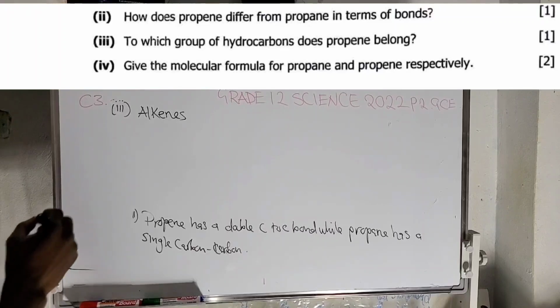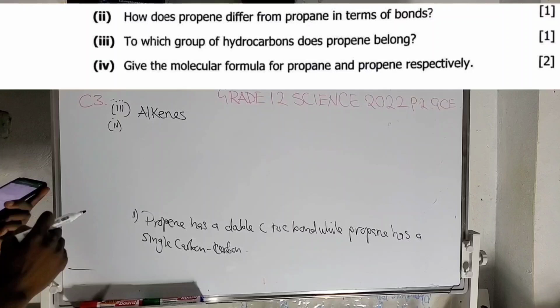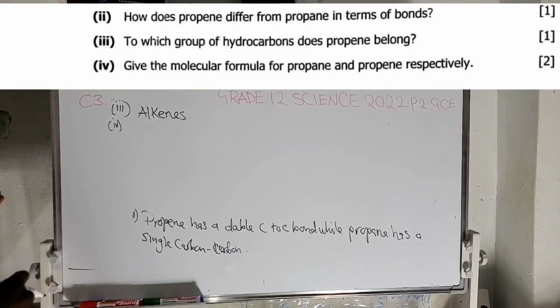Number 4 says, give the molecular formula for propane and propene respectively.